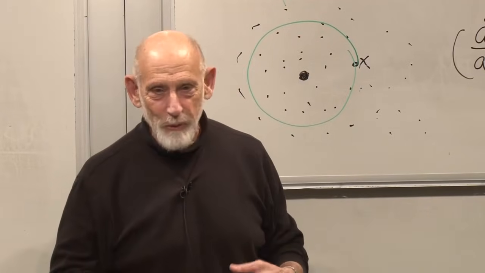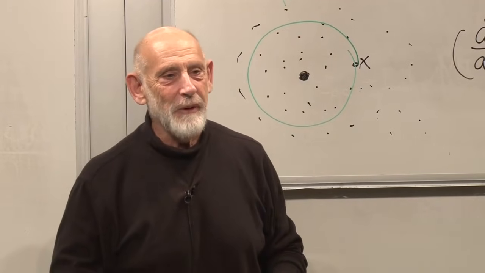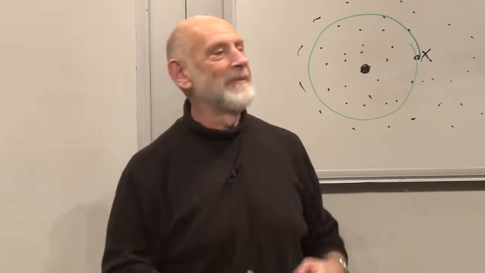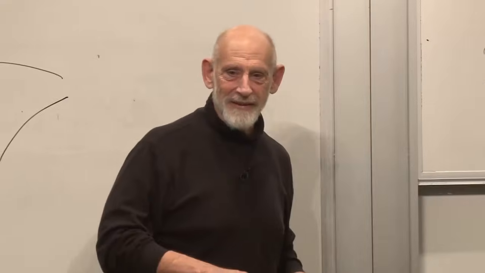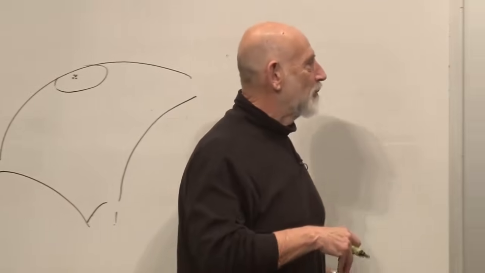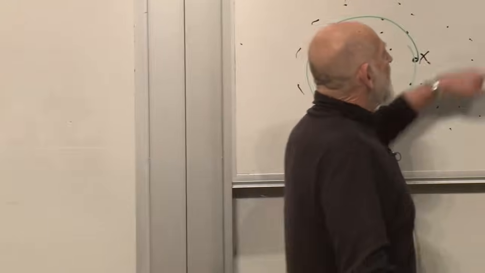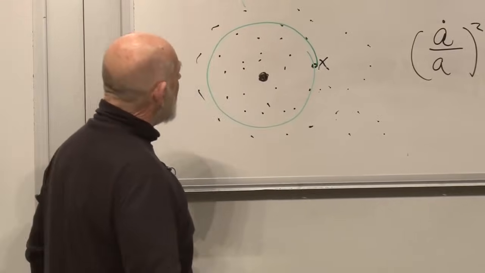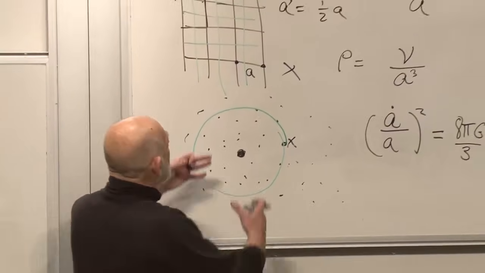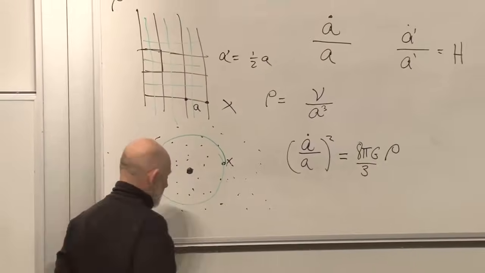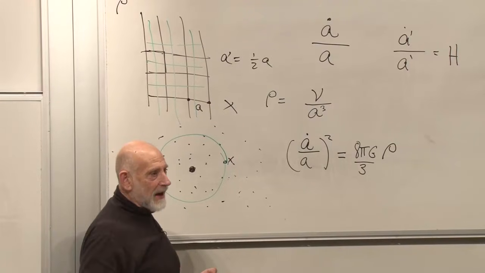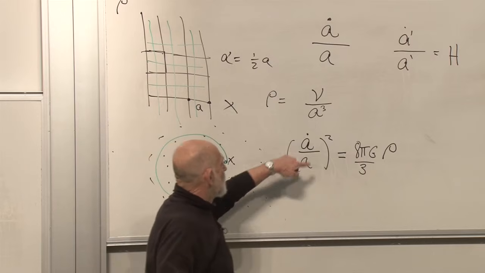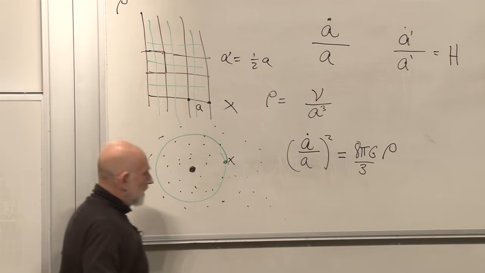Not forever, we won't believe that forever, but we will believe for the moment that galaxies are forever. Did you get that? If galaxies were forever or protons were forever, then nu would be constant. The number of protons within a box is the same at all times. All that happens is the box grows. So the protons thin out, but the number of them in a box stays fixed, and so nu stays constant.